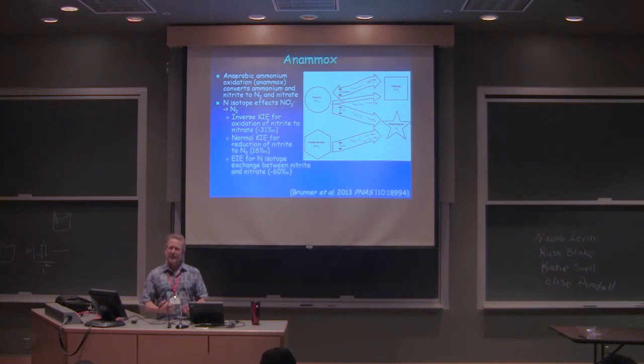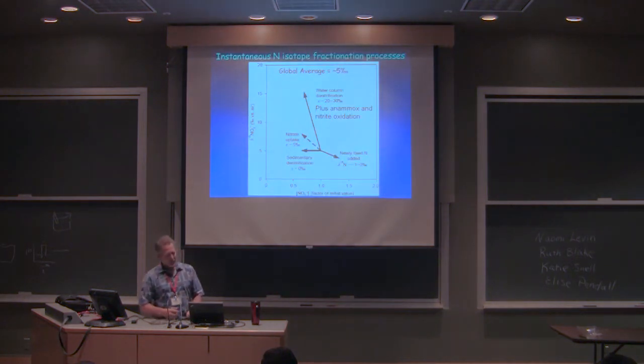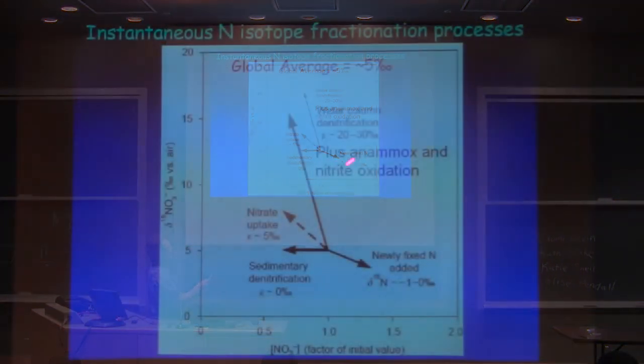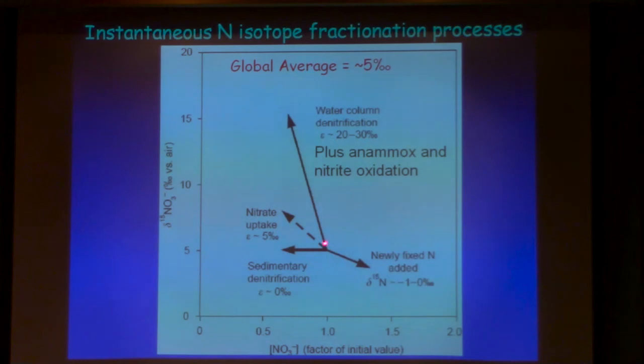We lose nitrate, and it changes the isotopic composition of nitrate such that it increases. So if we go back to this diagram of instantaneous nitrogen isotope fractionation processes, we should really consider both Anammox and nitrite oxidation as mechanisms that increase the delta 15N value of nitrate and change the isotopic composition of the residual nitrate. Okay, it's a complicated system.